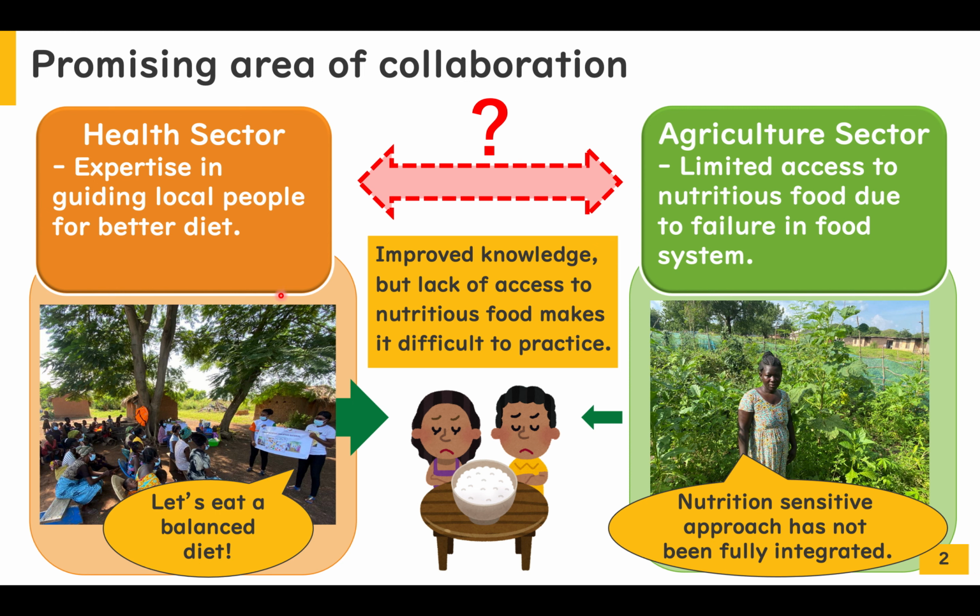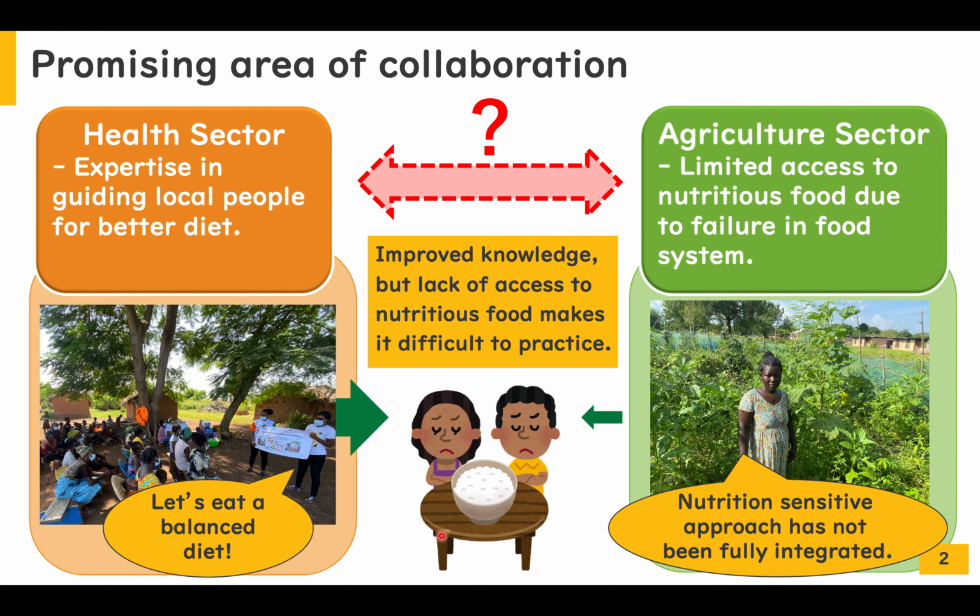For example, there is a community nutrition intervention, a community workshop held in a rural area. A community health worker introduces the importance of a balanced diet for child development, and how mothers can prepare meals in good balance by combining different food groups.